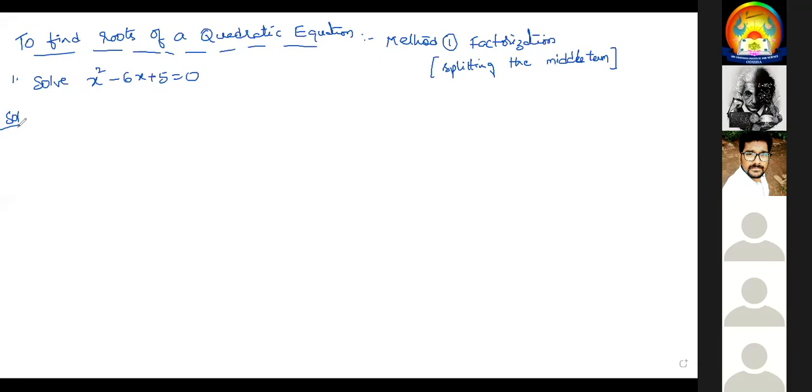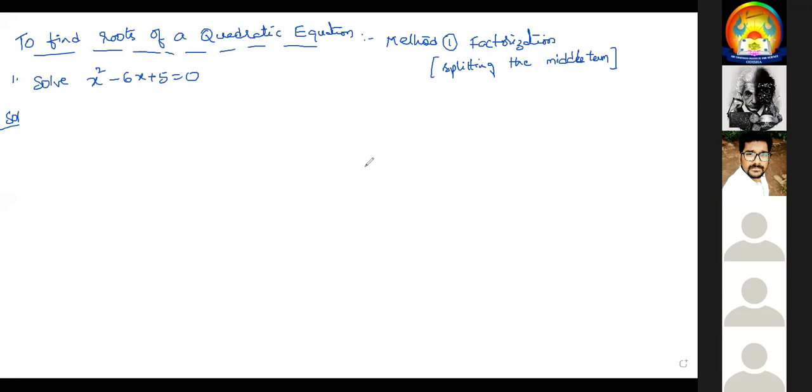Now we are doing how to calculate the roots of a quadratic equation. Actually, we have three methods. Now we are doing method number 1, called factorization, also called splitting the middle term.